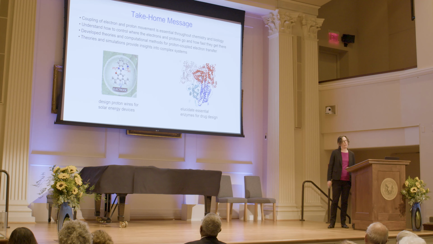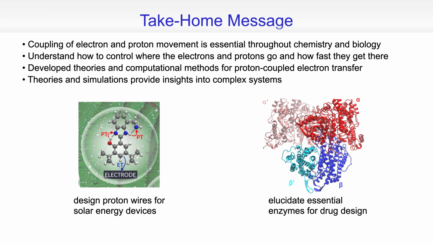So to summarize what I've been telling you about, the coupling of electrons and protons, and of their movement, is essential throughout chemistry and biology. It's important to understand how to control where the electrons and protons go and how fast they get there. And so we've been developing theories and computational methods to treat the electrons and the protons quantum mechanically in these kinds of calculations so that we can describe proton-coupled electron transfer in an accurate way.